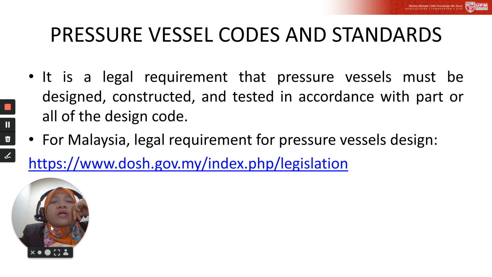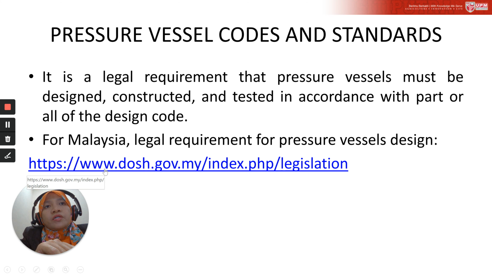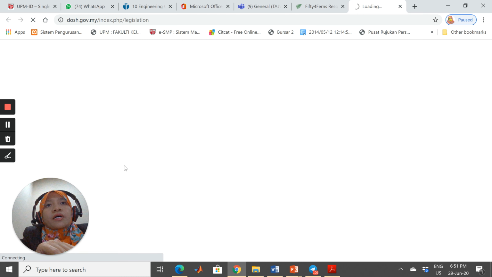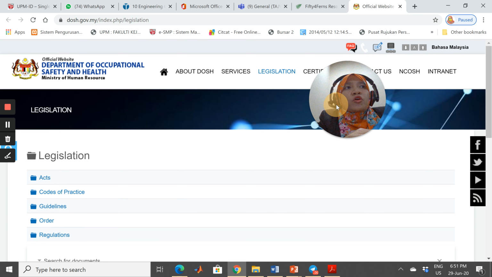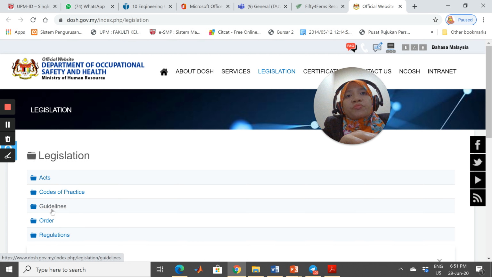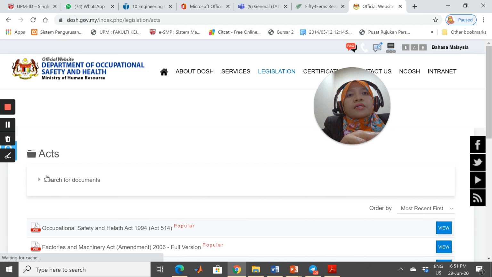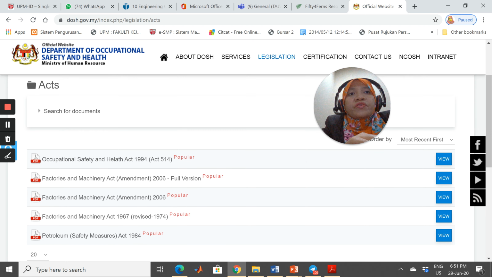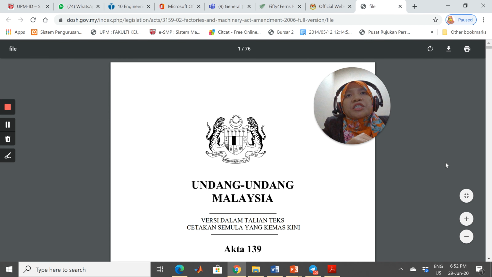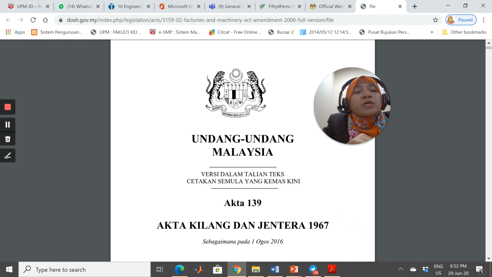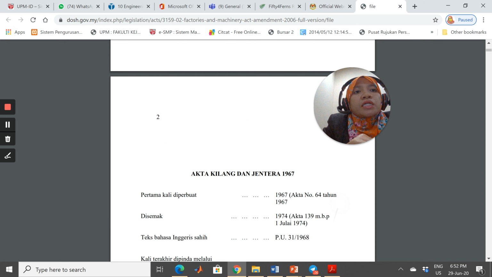So in pressure vessel design, there are requirements from the Department of Safety and legislation bodies, and there are guidelines that refer to the act, for fired boxes, something like that.